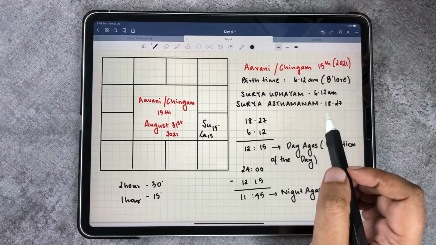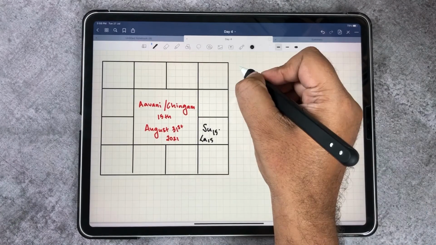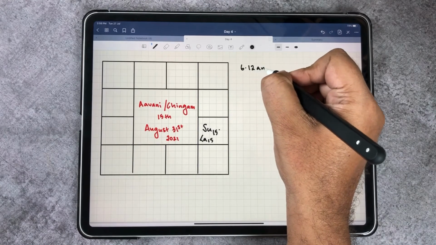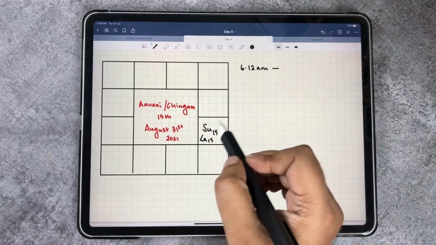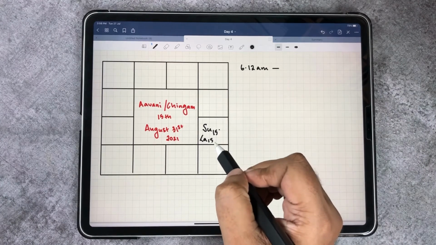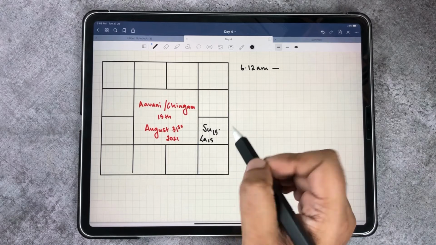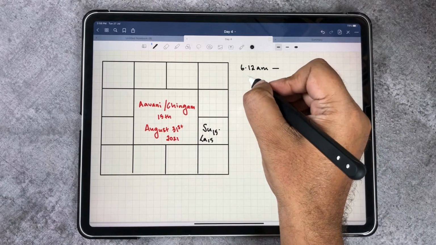So now, how would you go about with the calculation? So from 6:12 a.m., now you don't have to add 2 hours here. Why? Because it has already crossed 15 degrees. Half of the portion is crossed. So you just need to add 1 hour.